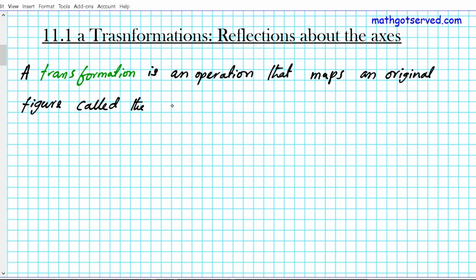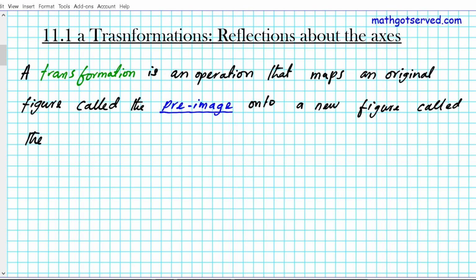Let's make that blue. So just in case you're looking at the mirror, for example, you yourself are basically the pre-image. So the transformation maps the original figure called the pre-image onto a new figure called the image.